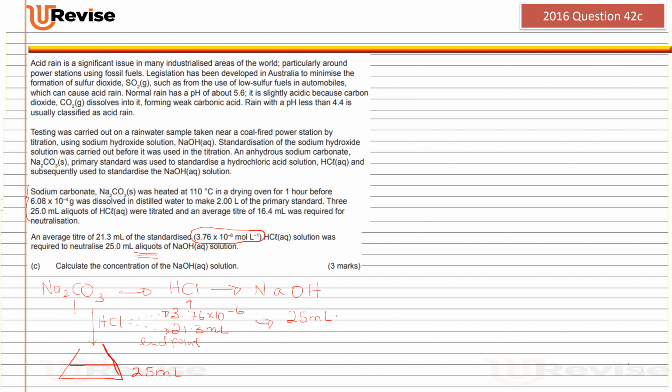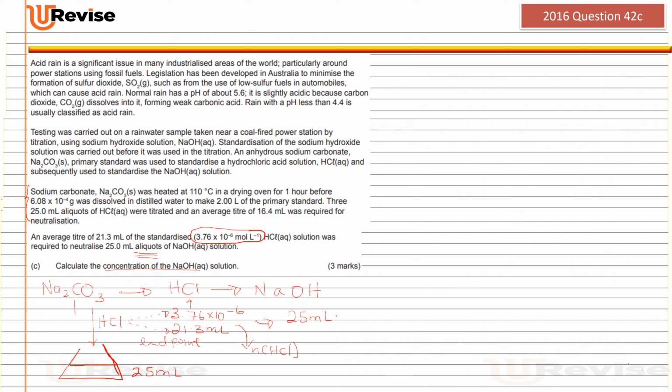Now that we know this, we've got a clear idea of what this question is all about. How do we figure out the concentration of sodium hydroxide according to the question? Just as a quick rundown, you would find the moles of acid using this data here, which is concentration times volume.